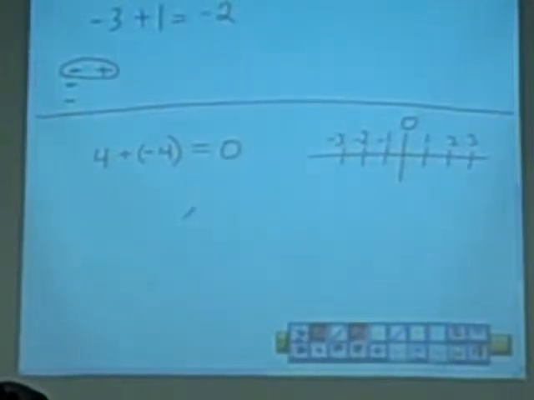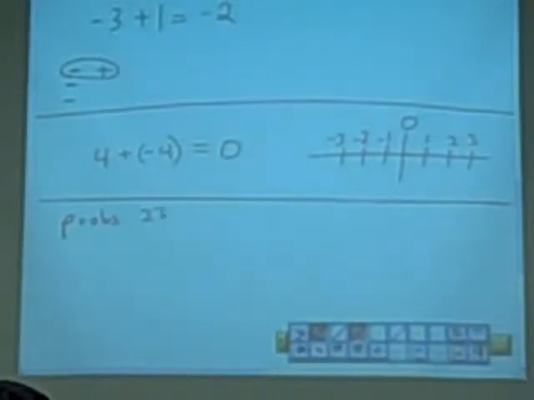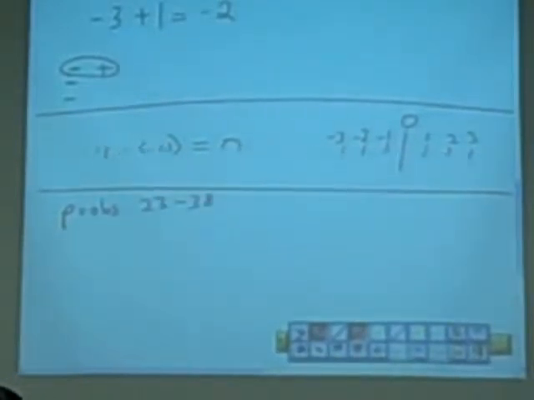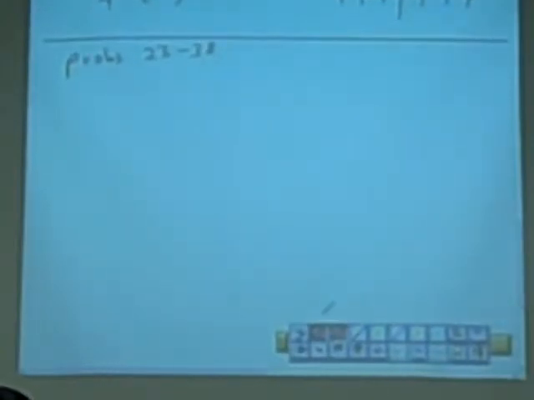Okay, so let's say we have problems 23 through 38. If we have a negative 17 plus a negative 3 plus 29.